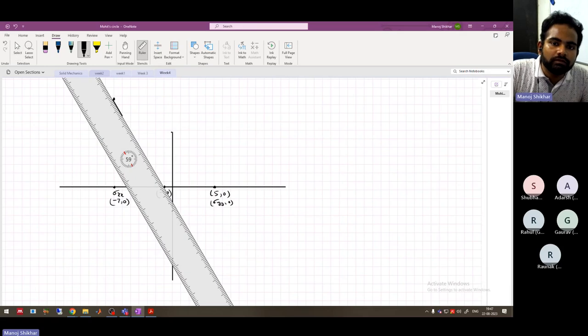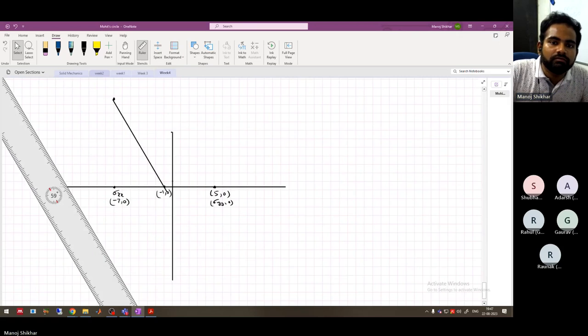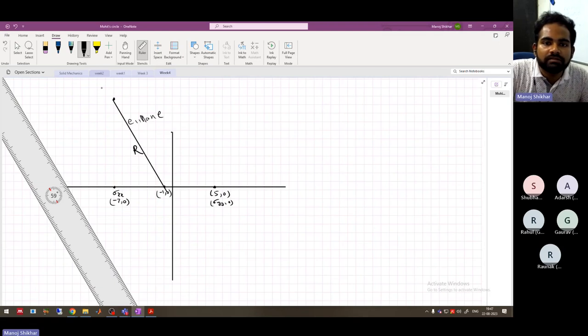So what do I get? This is my X plane. This is the radius. This is sigma xx. So now we have the center and we have the radius, we can draw our circle.